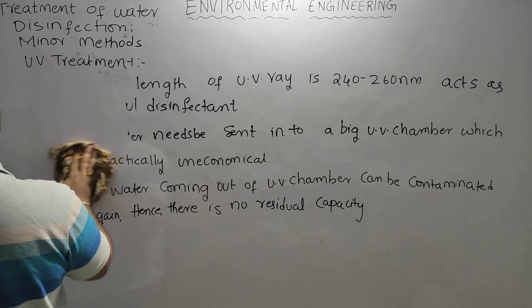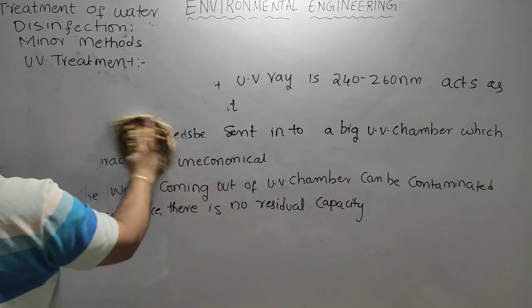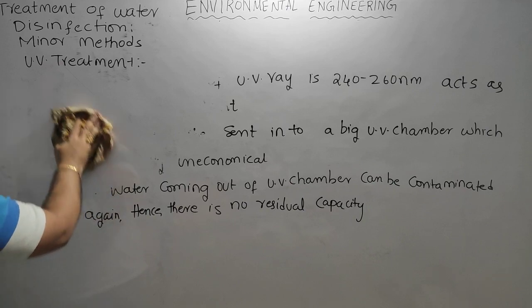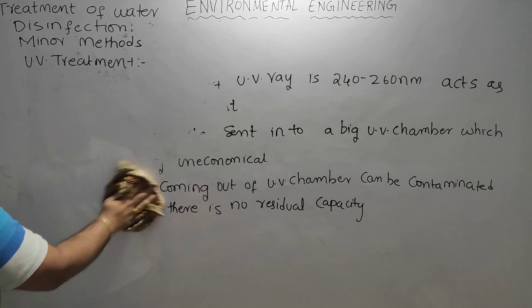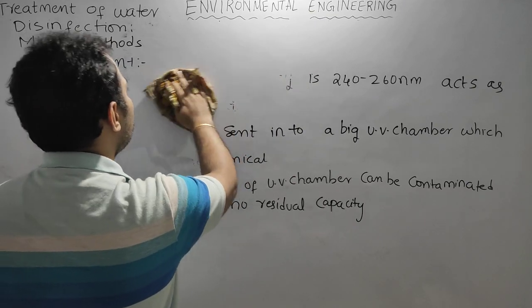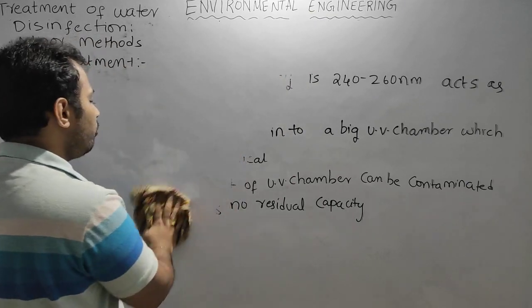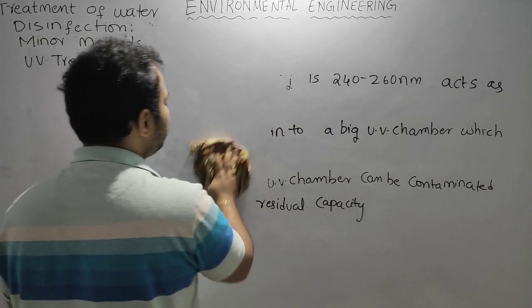So the rate of disinfection using the dose, that means if you know the dose of the UV ray, is nothing but what is the intensity of the UV ray and what is the duration, the contact time of water with the UV ray intensity.